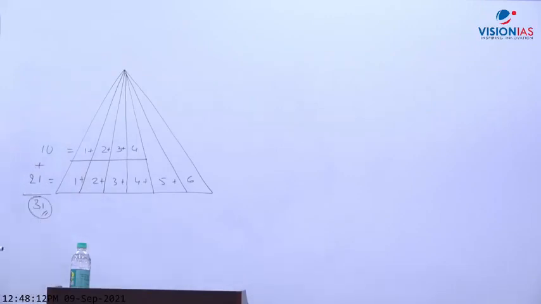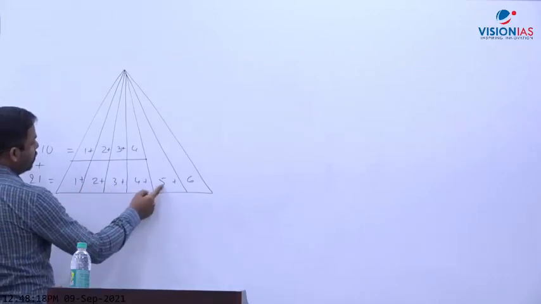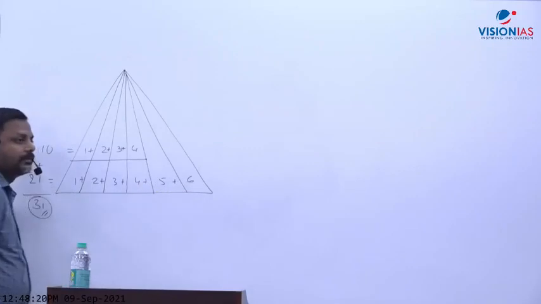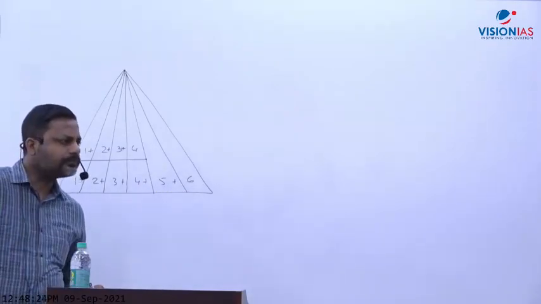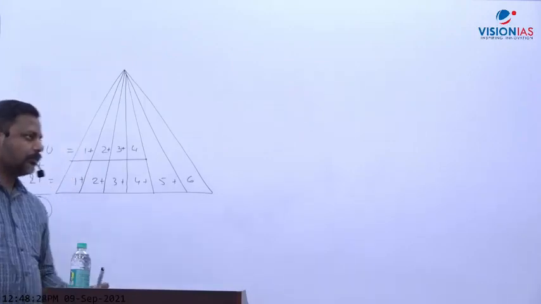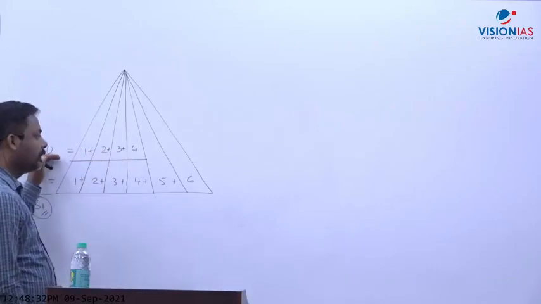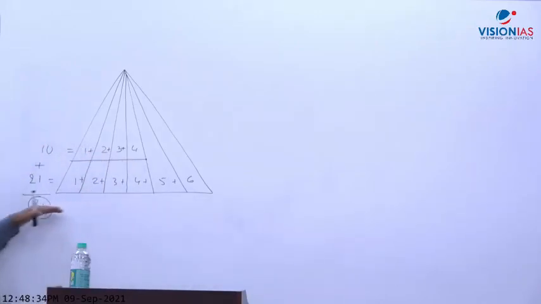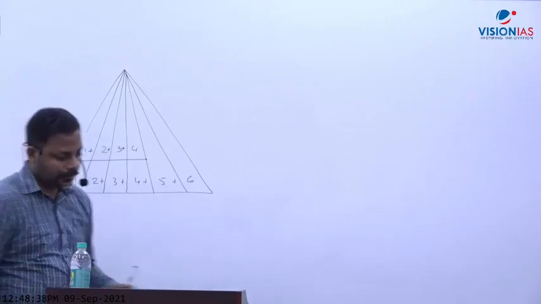Add these values, 1 plus 2, 3; 3 plus 3, 6; 6 and 4, 10; 10 and 5, 15; 15 and 6, 21. So from the smaller baseline we are getting 10 triangles, and from the larger baseline we are getting 21 triangles. So a total of 31 triangles is there.